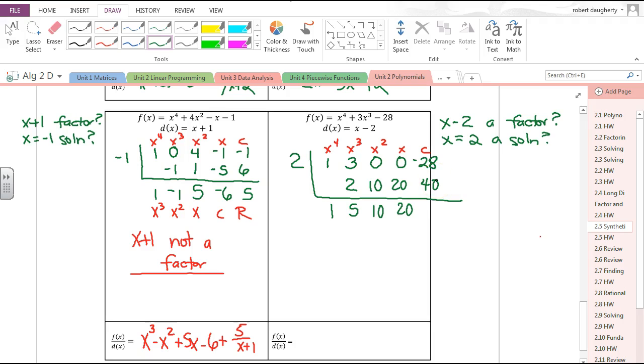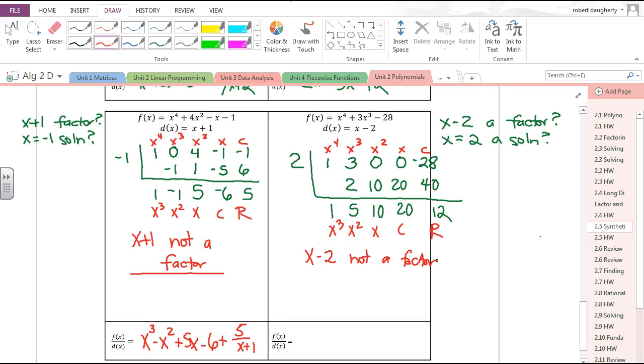And 40 minus 28 is what? 12. So is x minus 2 a factor? Yeah, it is not a factor. This is your x cubed, your x squared, your x, your constant, and your remainder. So x minus 2 is not a factor.